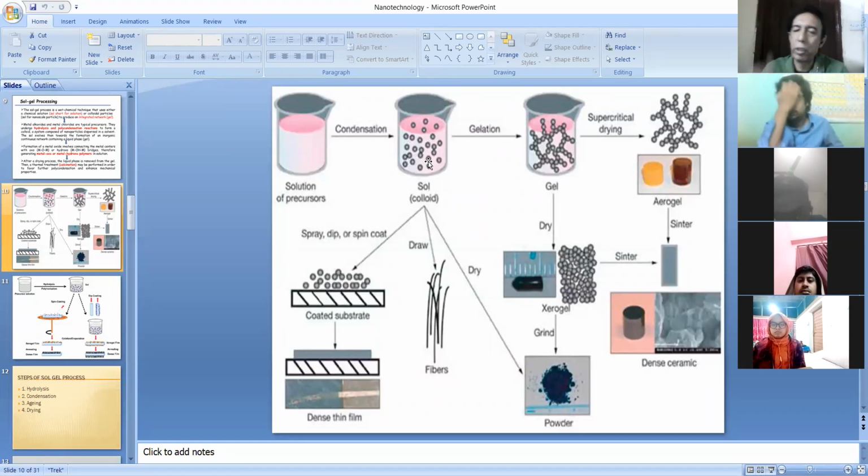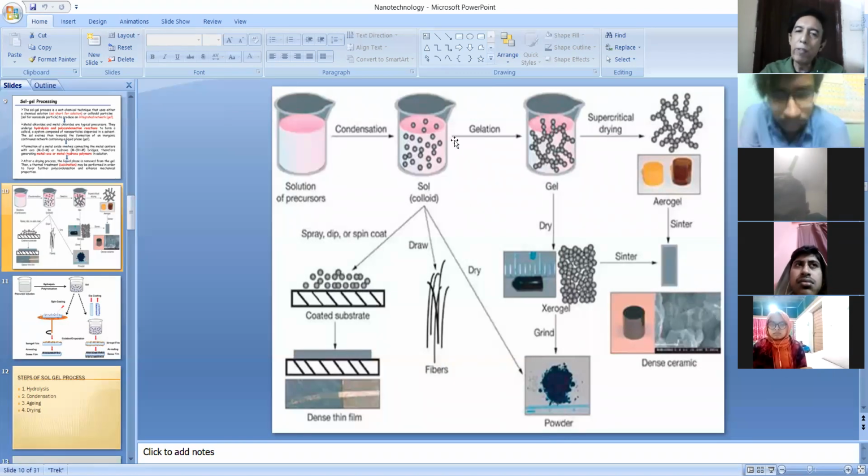For example, a glass substrate or a silicon wafer substrate. You can dip a substrate here to form a thin film, or you can draw fiber from here, or you can dry this salt without formation of gel to form a powder. That is also a nanomaterial.